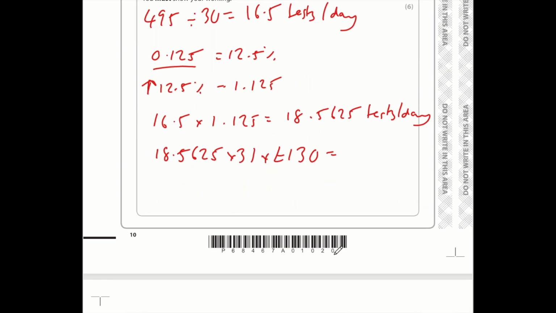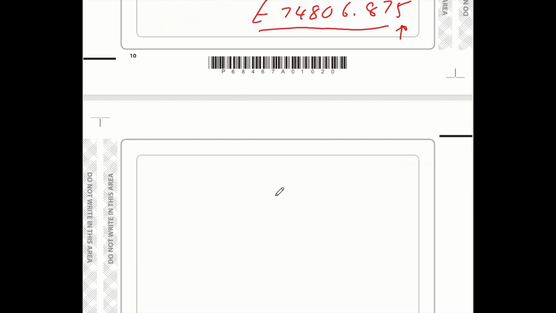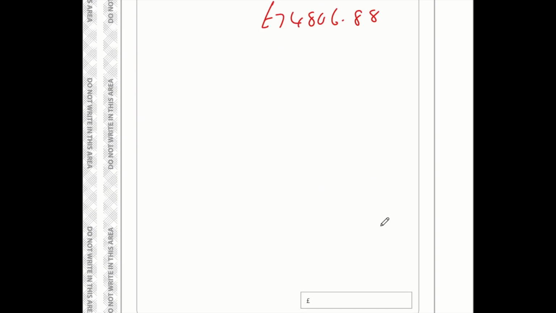And what does that give me? That gives me a grand total of 74806.875. I can't give a price with 3 decimal places, so I'll round it to the nearest penny. Since this is a 5, that 7 will become an 8. So let me just write that here: 74806.88. Let's just write that in the answer box.